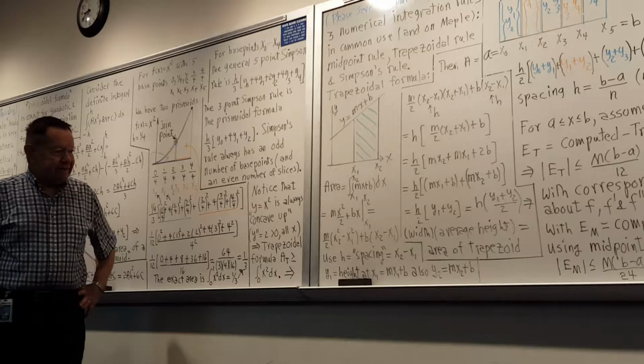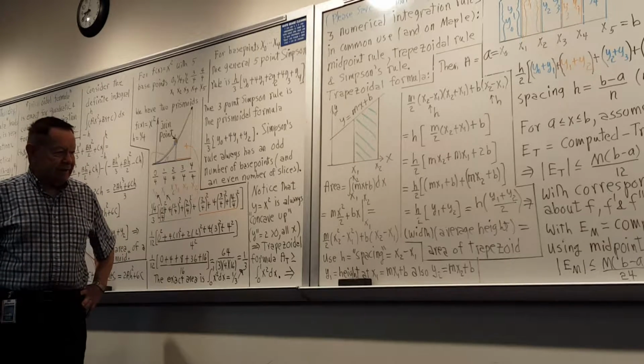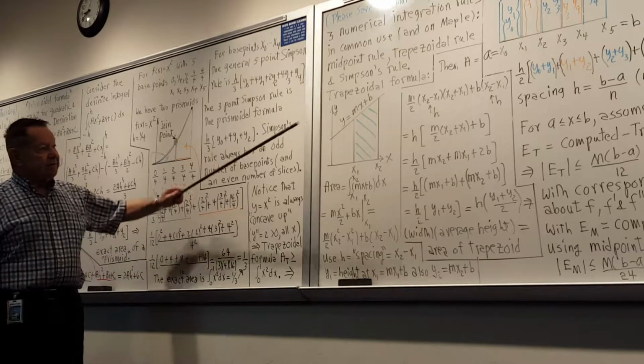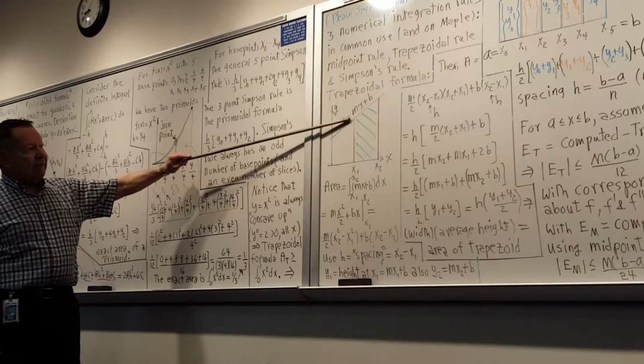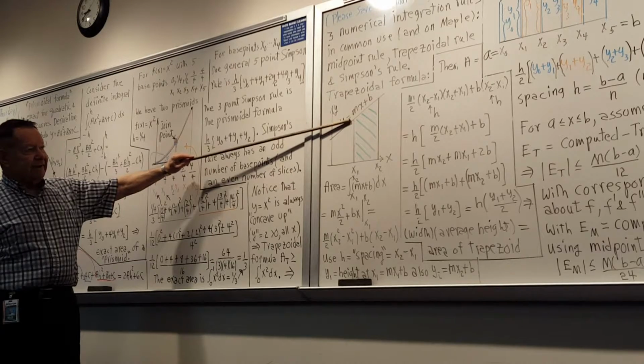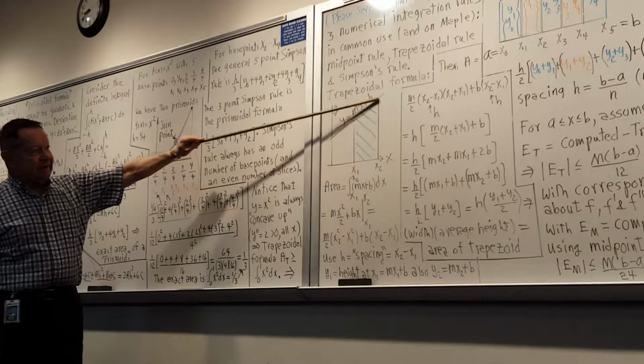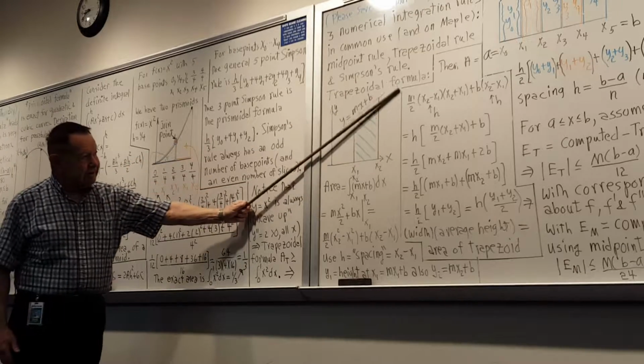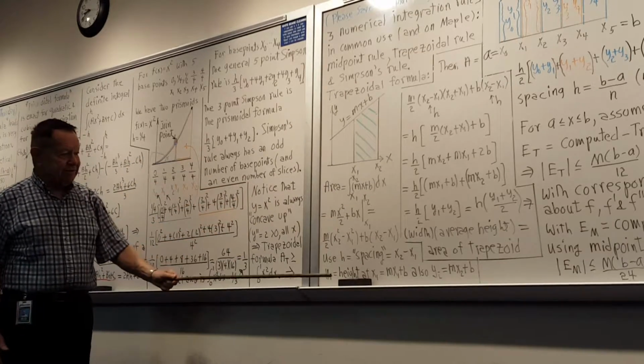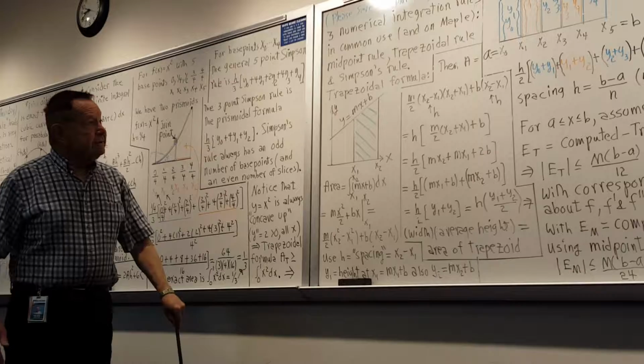And so that's x2 minus x1, and then suppose you use y1 as your height to the line at x1, and y2 is the height to the slanting line at x2.